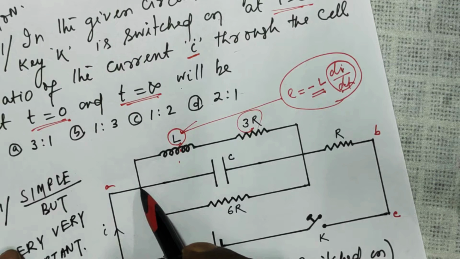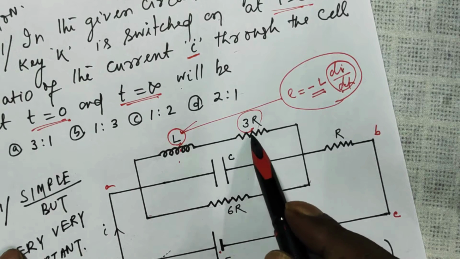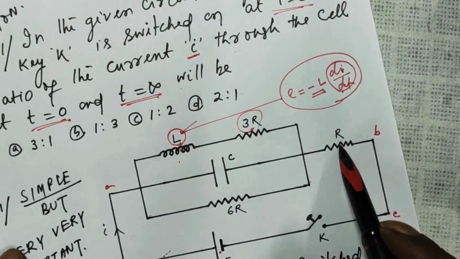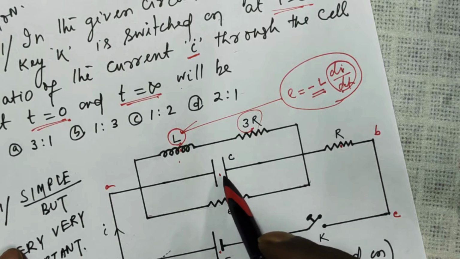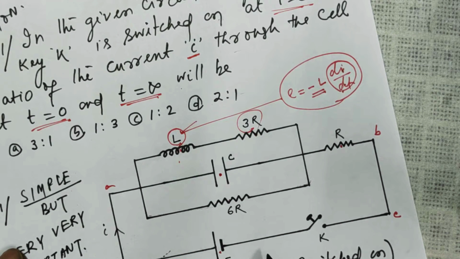Then you might ask why it is not going to this side. You can imagine this is the house of a person, this is the house of another person, and so on. The house of this person is at a low level, and this is like a river sending current or water.